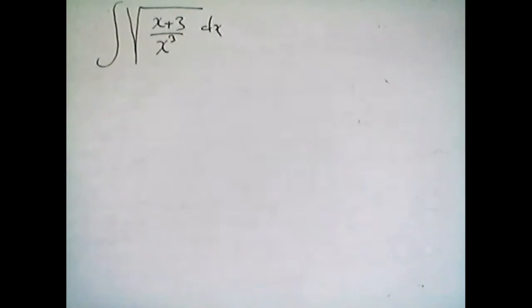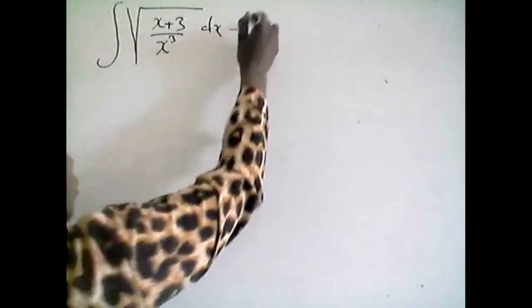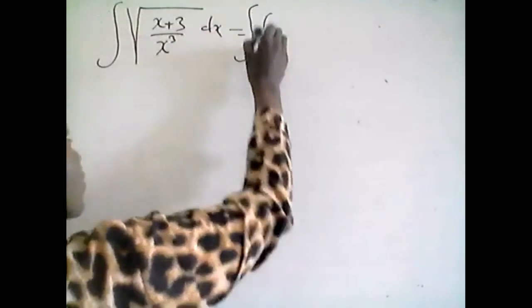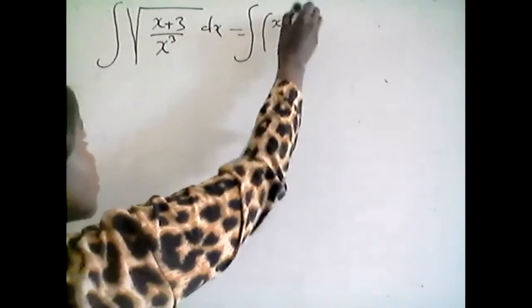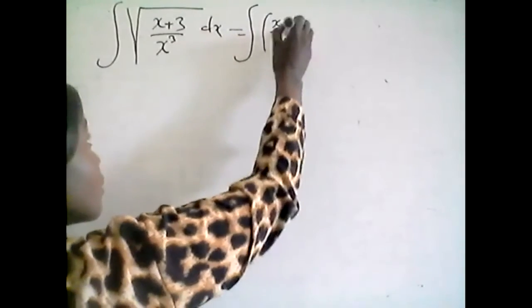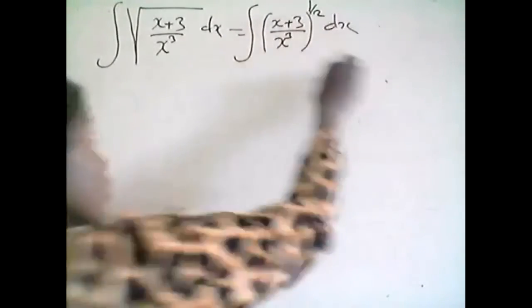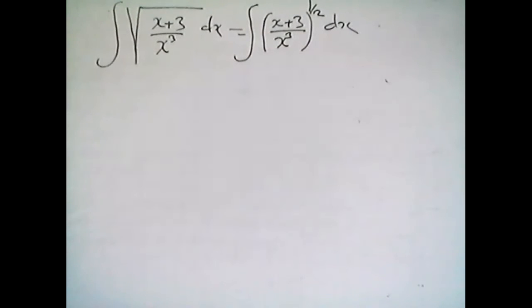So that question that is there, what is going to happen is this, guys. We'll start with the square root. We know the square root is just the same as x plus 3 over x cubed to the power 1/2, isn't it? The square root is just the power 1/2. So that's our square root.